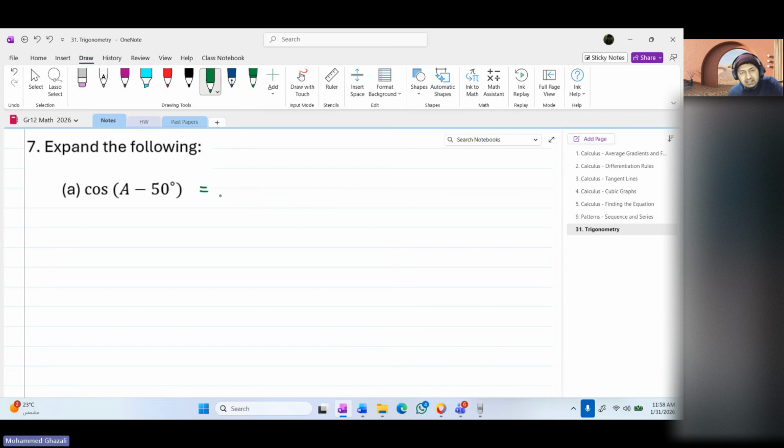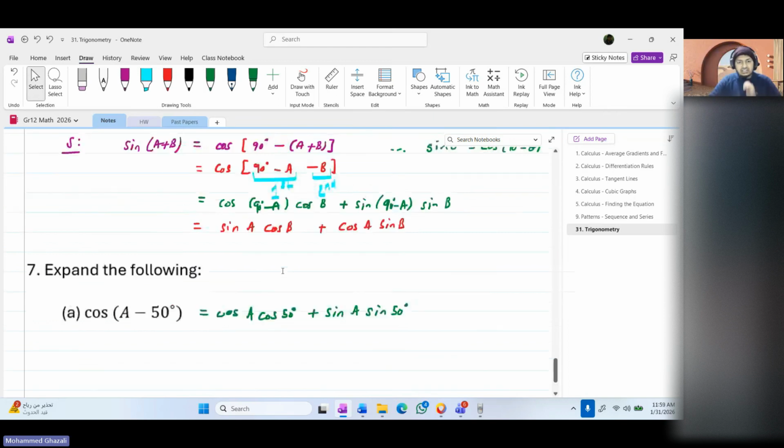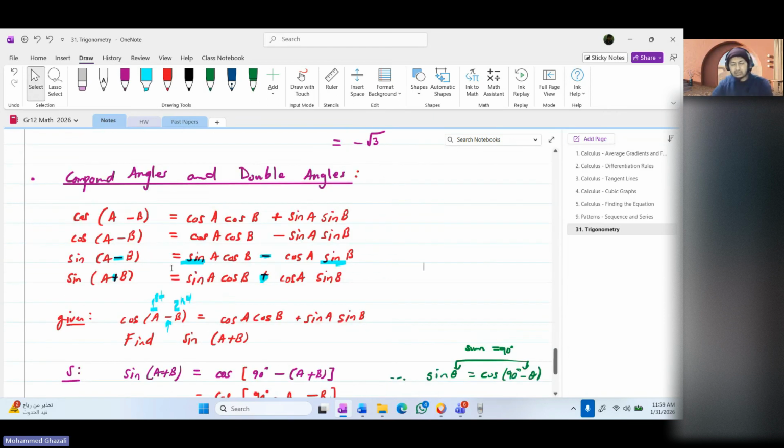Cos of A minus 50 is cos A cos 50 plus sine A sine 50. It's cos sine, no negative sign here. Now 50 degrees is not a special angle, so we keep it like that. Okay. So it's direct application of the formula. Remember, these are your formulas.